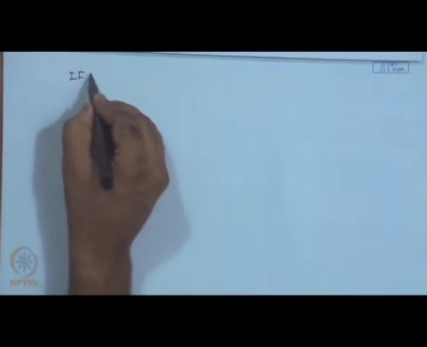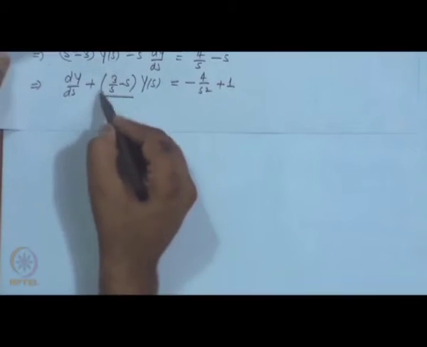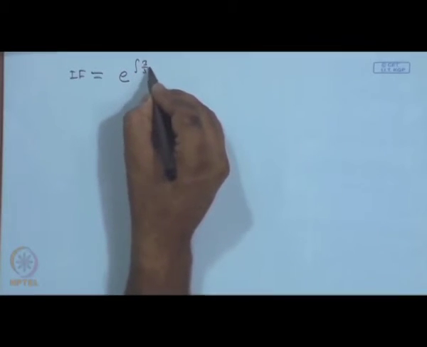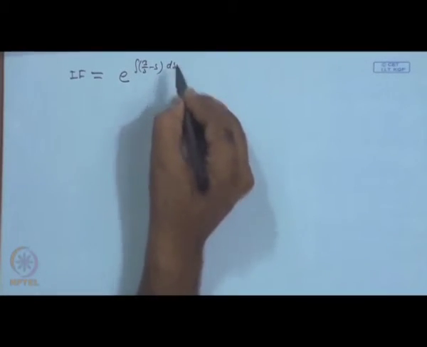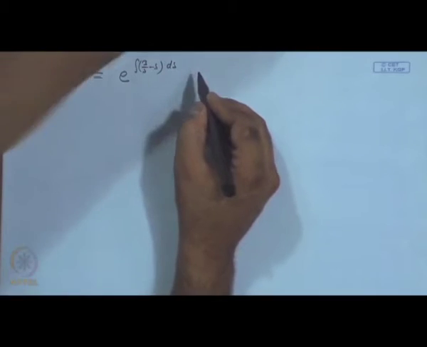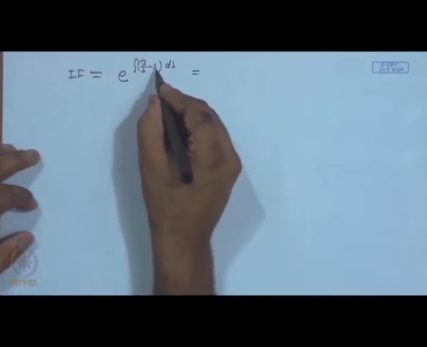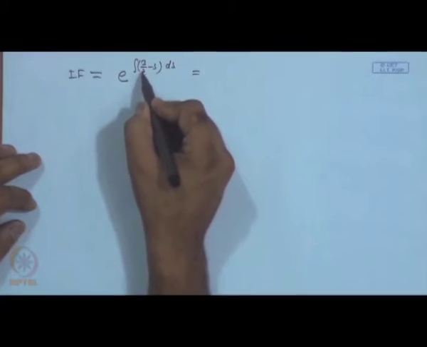So, we get the integrating factor, that will be e to the power integral of 3 over s minus s ds, and this is just e power 3 over s log s minus s square by 2.